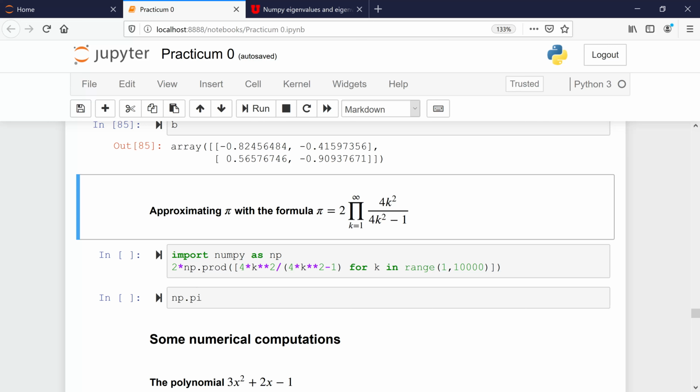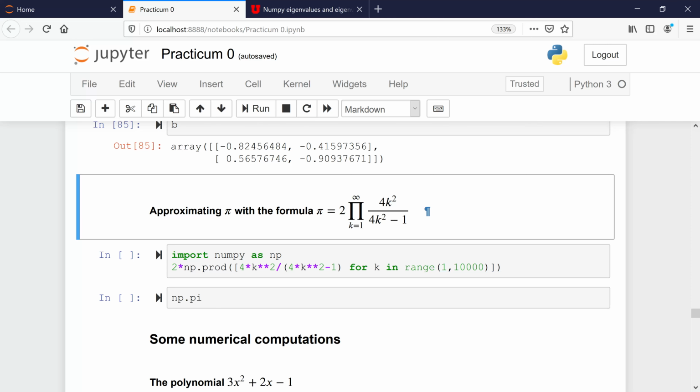For example here, the function np.prod computes the product of all elements in a vector. So you put 4k squared over 4k squared minus 1, compute it for k from 1 to, let us say, 1000, and you take the product. This is more efficient than just writing a loop.